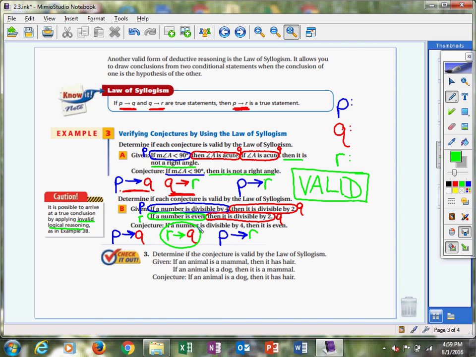There's no logical reasoning there. So this is what your book says. The law of syllogism cannot be used to draw a conclusion since Q is the conclusion of both conditionals. See, Q can't be the conclusion to both conditionals. Q needs to be the conclusion to one of the conditionals and the hypothesis of the other. So right here is your problem. And so we would say that this is not valid, even though everything is true.